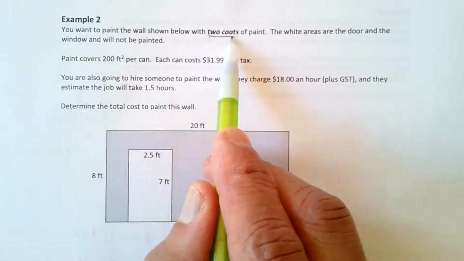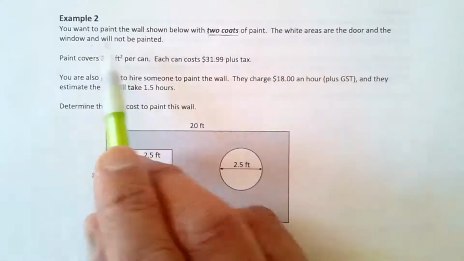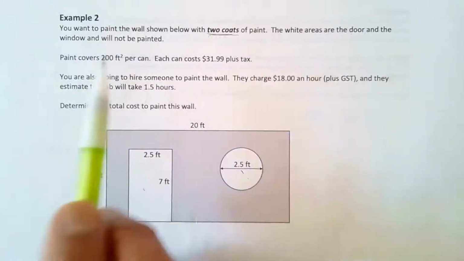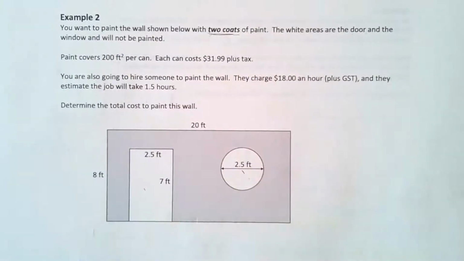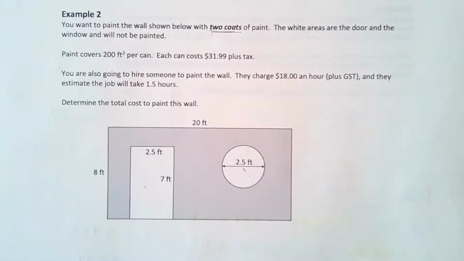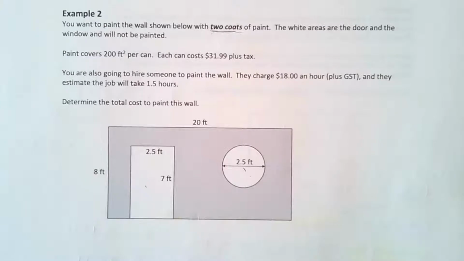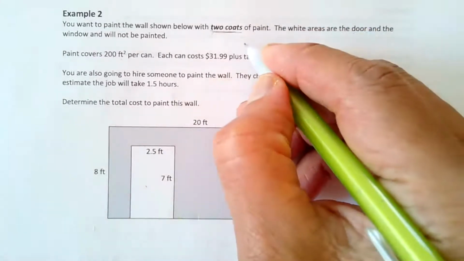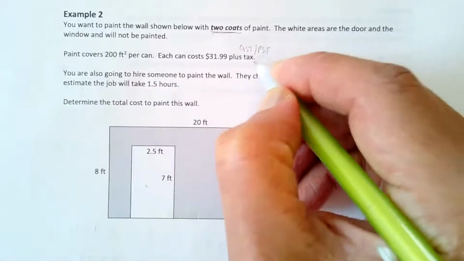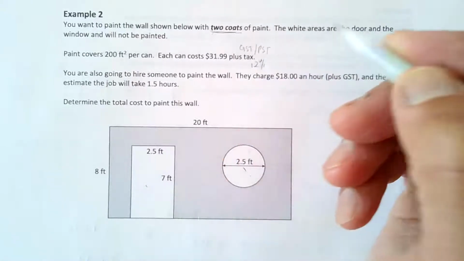The white areas of the door and the window will not be painted. Paint covers 200 square feet per can. Each can costs $31.99 plus your taxes. This will be GST and PST, which work out to be 12% tax.